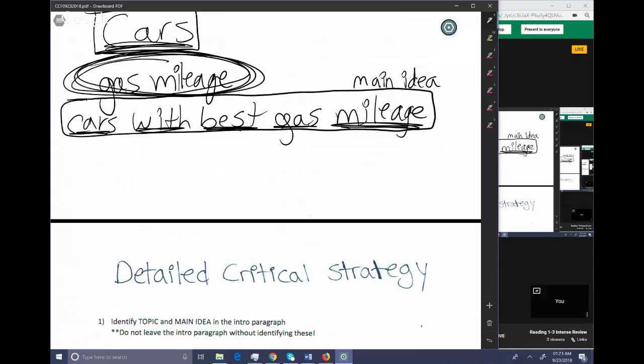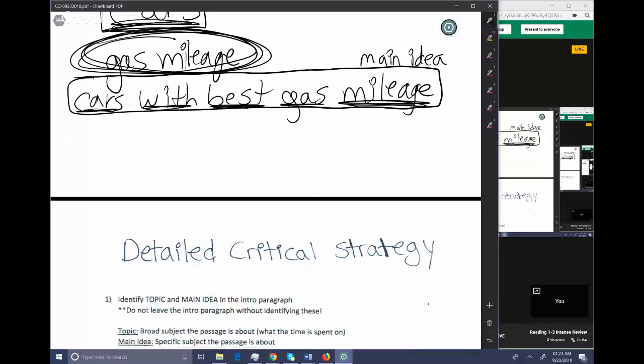And remember, each of your focuses, so each of your paragraphs, explains the main idea. So each paragraph is part of explaining your main idea. Each paragraph has details in it that justify that paragraph.